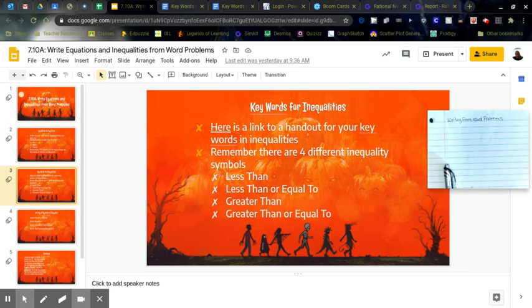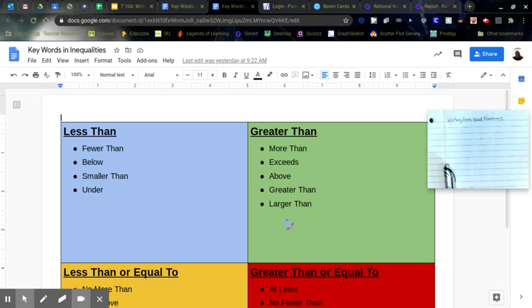Okay, keywords for our inequalities. I have a link to a handout that has our keywords for inequalities. For less than, you're going to have to learn to differentiate between if it's asking for less than or subtracting.